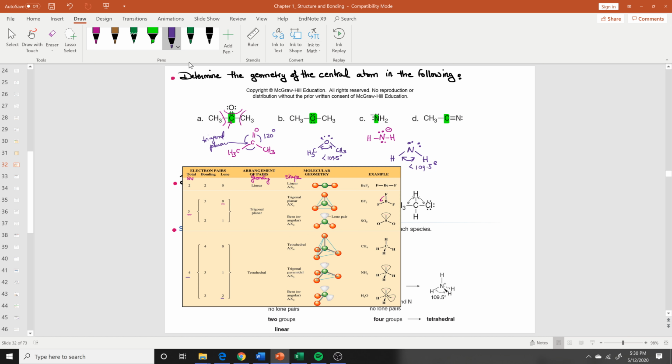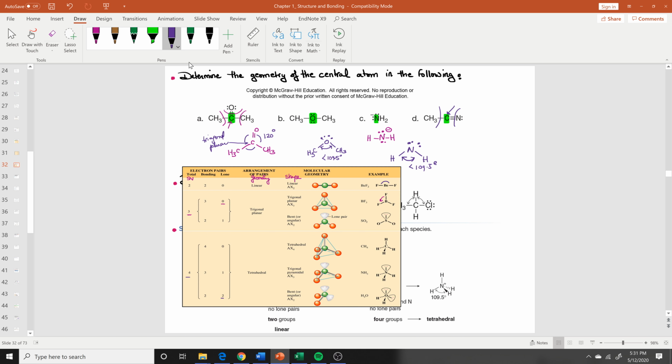109.5 degrees. For the C triple bond N, the moment you see a triple bond, the geometry has to be linear. It cannot be an angle. There is no way, because with the triple bond you have two groups around the carbon and no lone pairs, so 2 and 0. So it has to be linear.